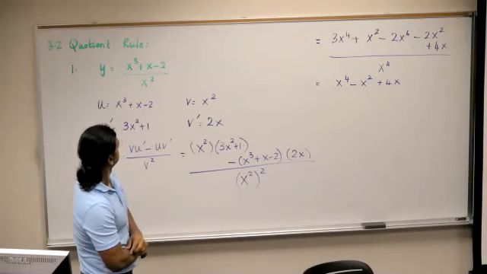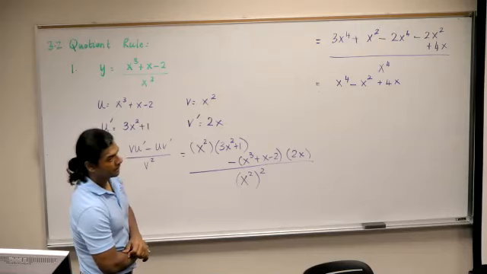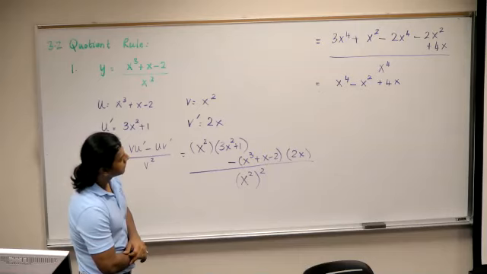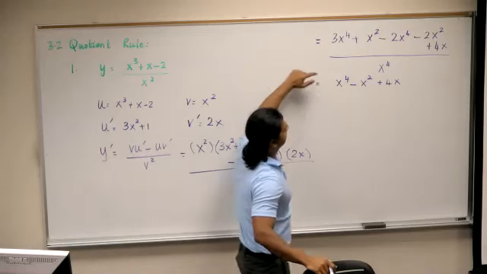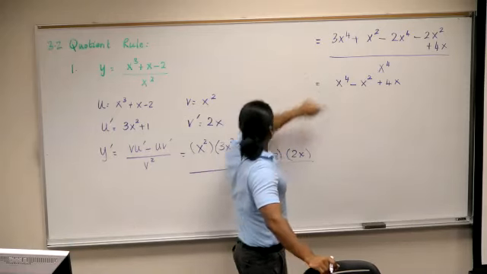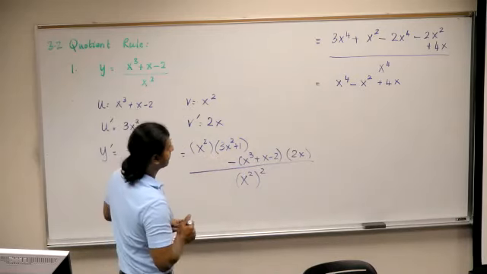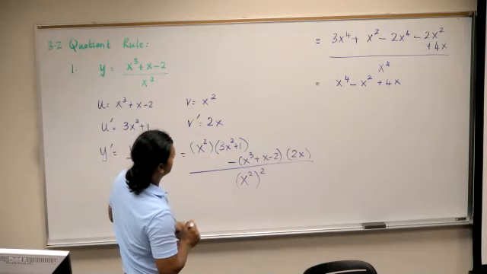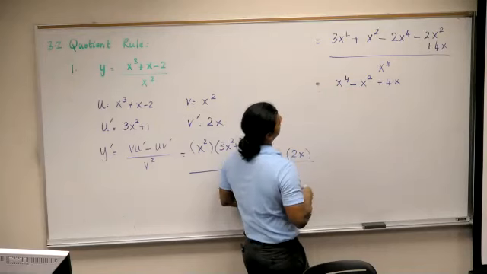How exactly did you get the x raised to 4? Come again? You said you used x to the 4 and then you got 3x to the 4. 3x raised to 4, I distributed. No, I mean, how did you get that to the x raised to 4? You subtract 2x to the 4. 3x raised to 4 minus 2x raised to 4. Oh my god, I didn't see that.